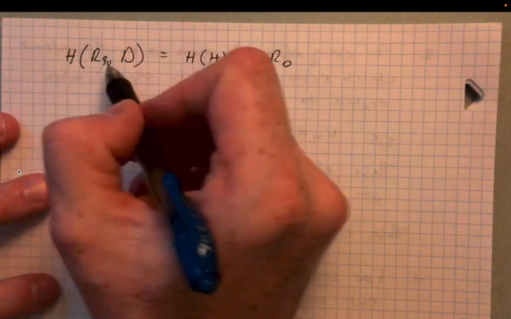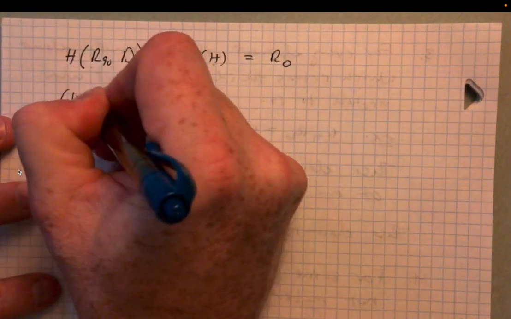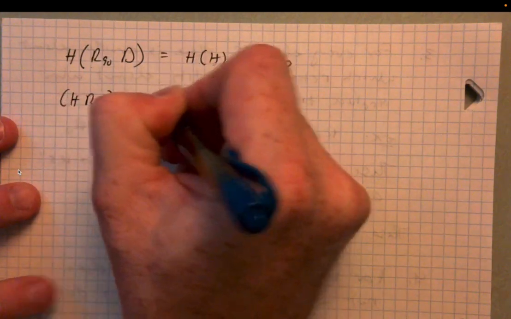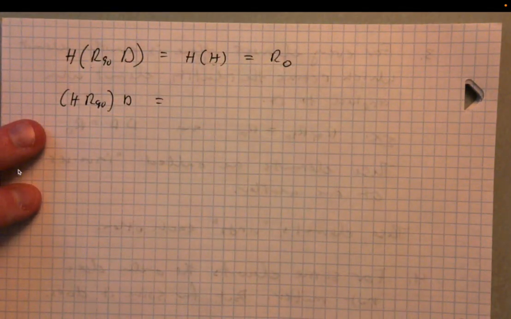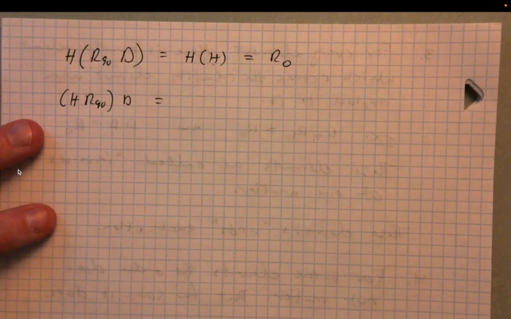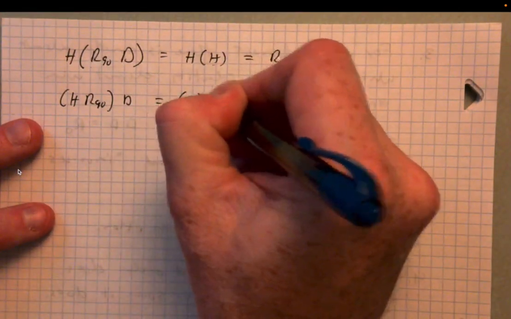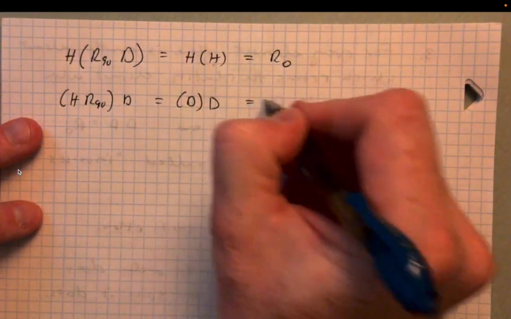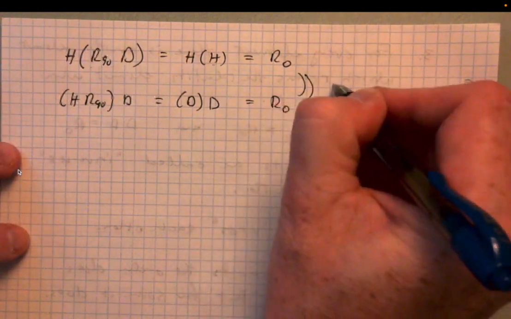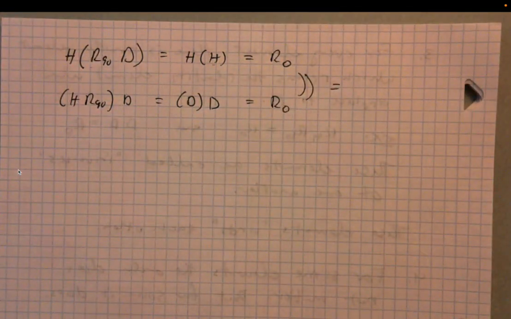So what happens if I do the H and the R90 first? Well, the H and the R90 gives you a D. And a D and a D, we know, gives you an R0. So these are equal. Right, so while the order of the elements matters, the order in which you do the composition doesn't appear to matter. Well, at least I'm saying it doesn't, and in this example you can see clearly that it doesn't.